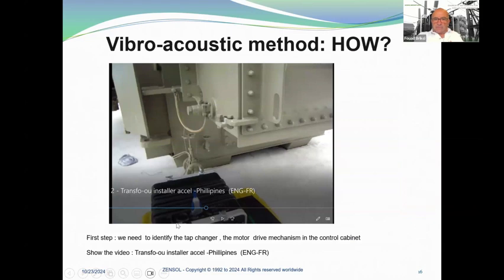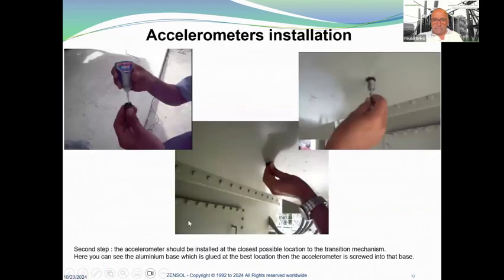Here, the first step is to identify the tap changer motor drive mechanism in the control cabinet. Usually I show a video on how to do this. Next step, the accelerometer should be installed at the closest possible location to the transition mechanism. Here you can see the aluminum base, which is glued.